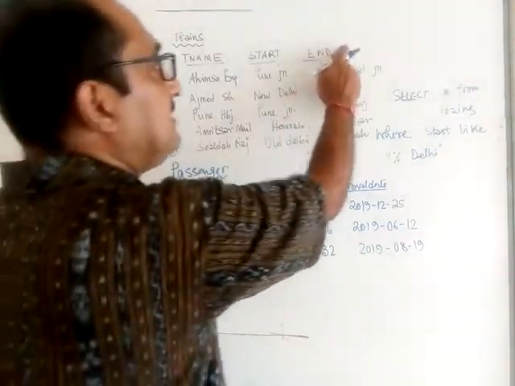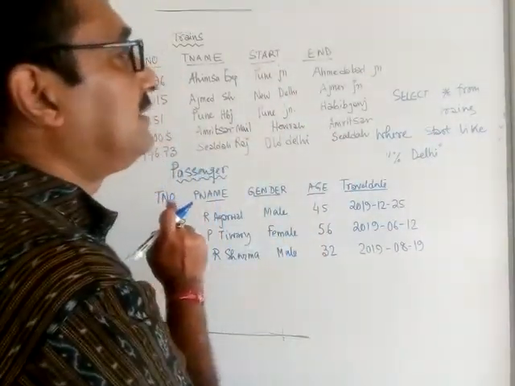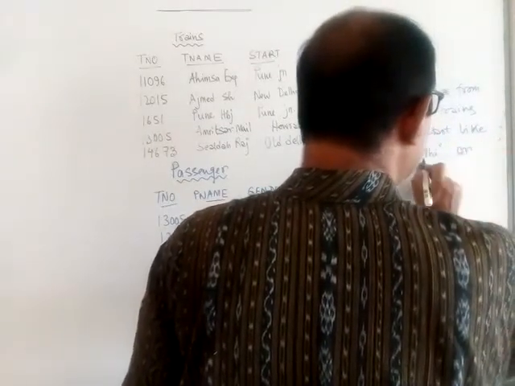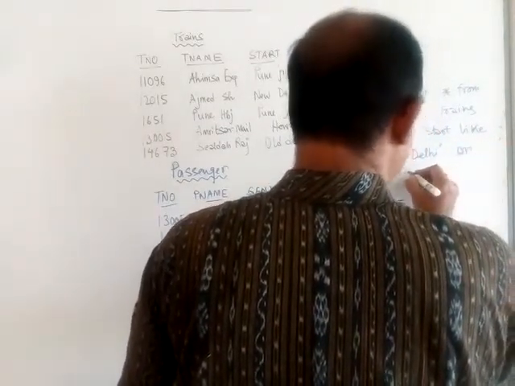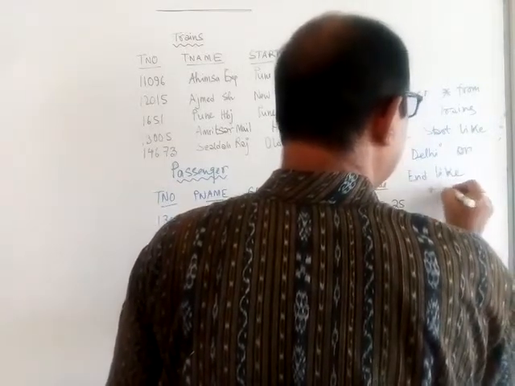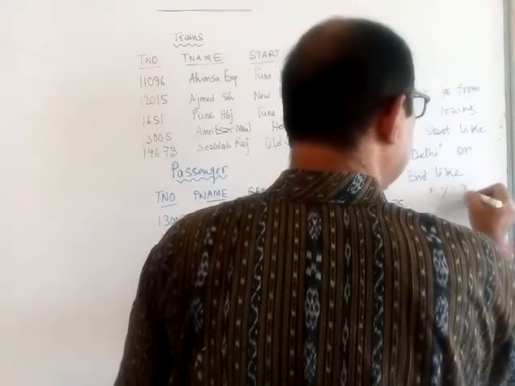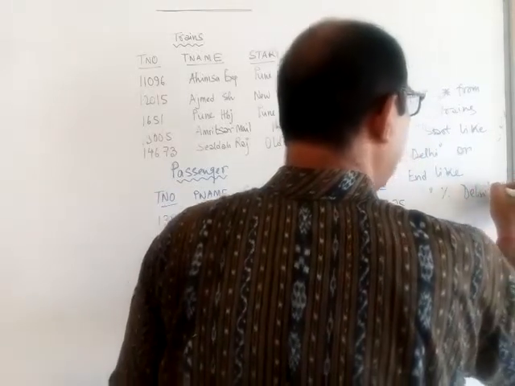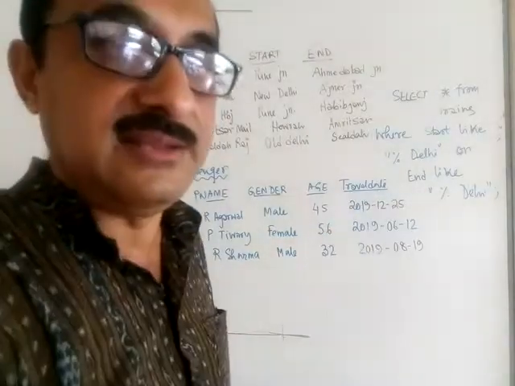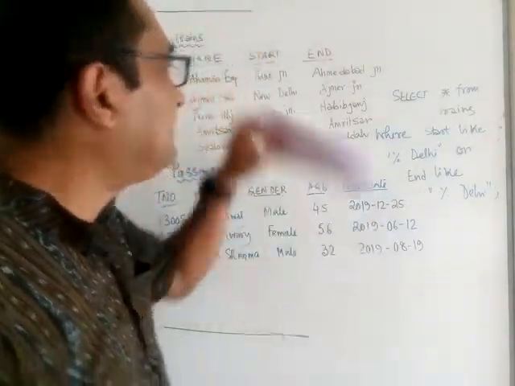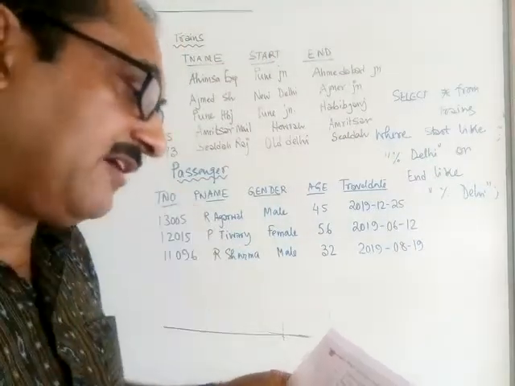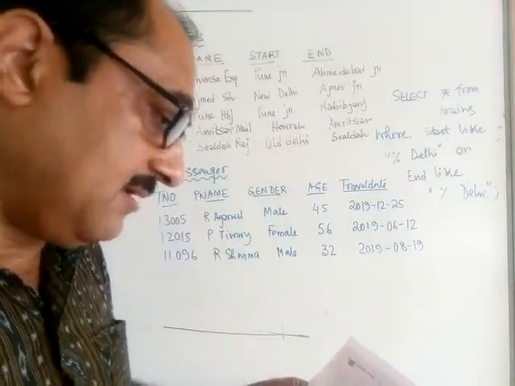And the destination could also be Delhi, so we write or end like percentage space Delhi. This will mean all the trains either departing from or reaching Delhi, meaning any station of Delhi. Fine. So sometimes they might give a complicated question like this.